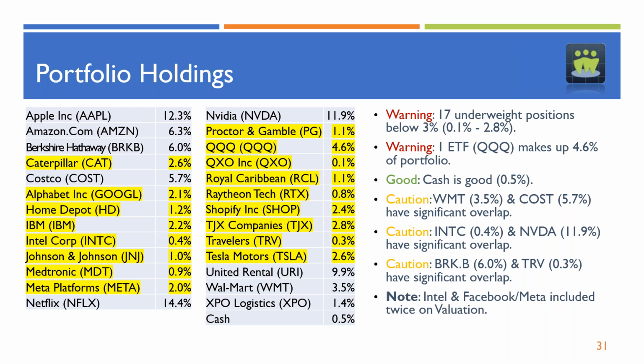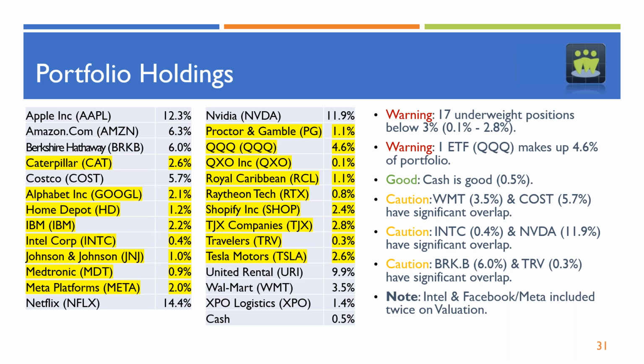Berkshire Hathaway and Travelers also have significant overlap, although in both of these last two cases, one of the companies is a small percentage. Intel, 0.4%, Travelers, 0.3%. So the fact that Travelers, a property and casualty insurance business, overlaps with Berkshire Hathaway, which has Geico and other insurance businesses as part of its core holdings, is something to watch out for.